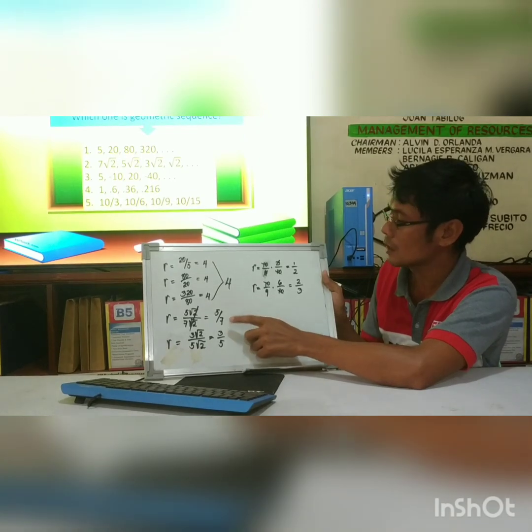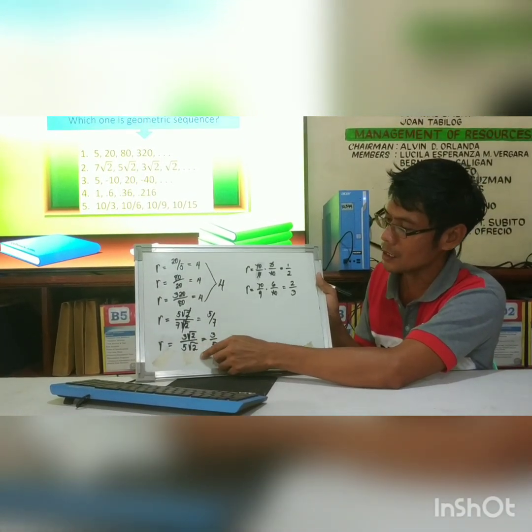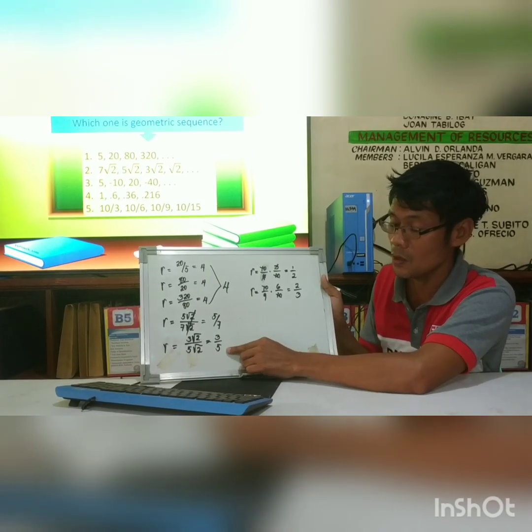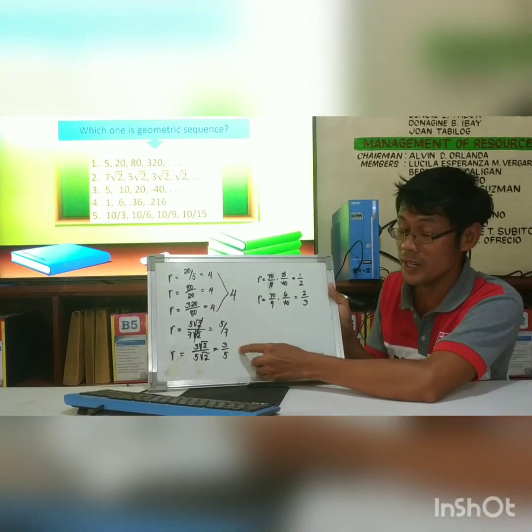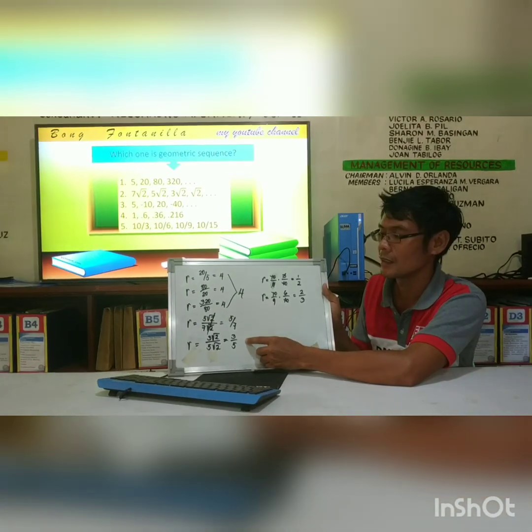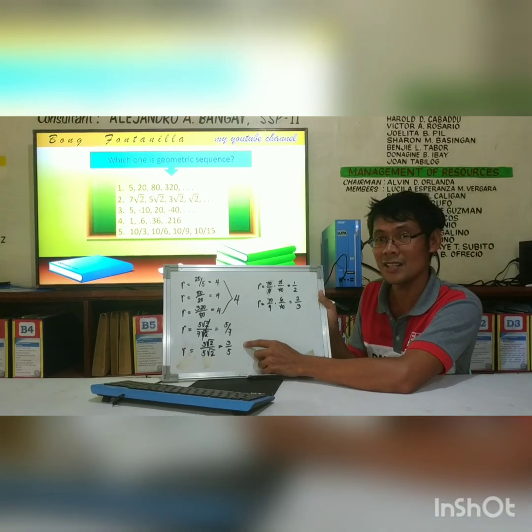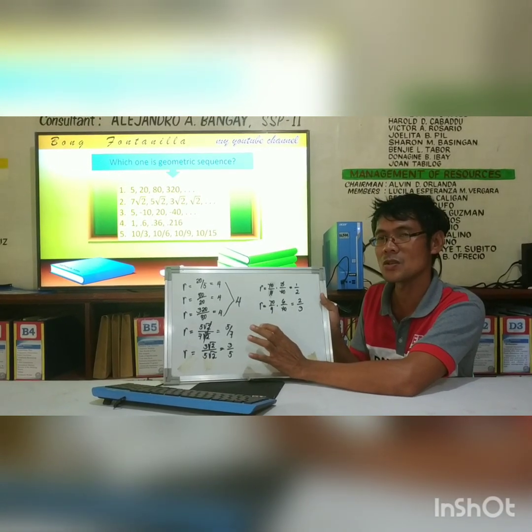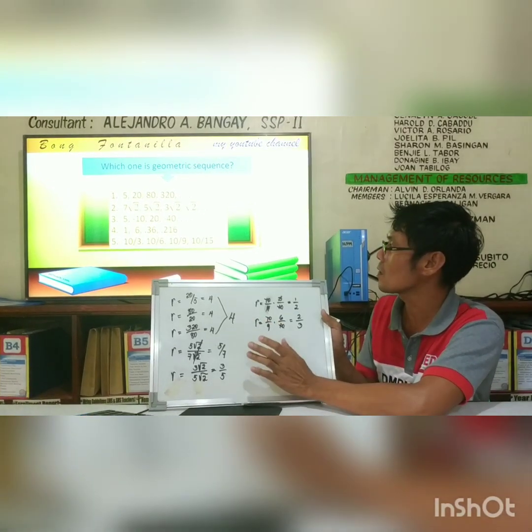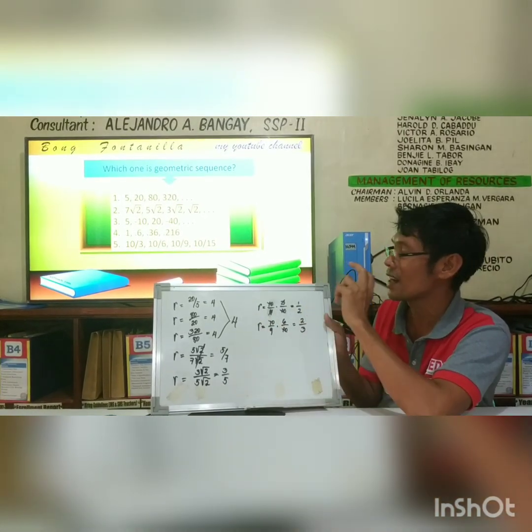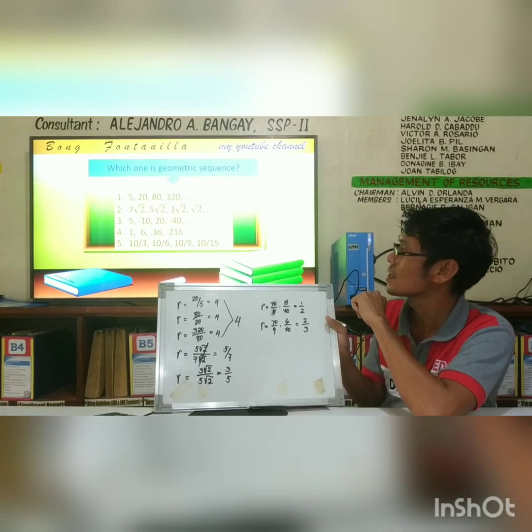Then, between 3 square root of 2 and 5 square root of 2, get the quotient. We get 3 over 5. So if you are going to compare, we have already different ratios. So there is no common ratio there. If there is no common ratio, therefore our number 2 is not a geometric sequence.